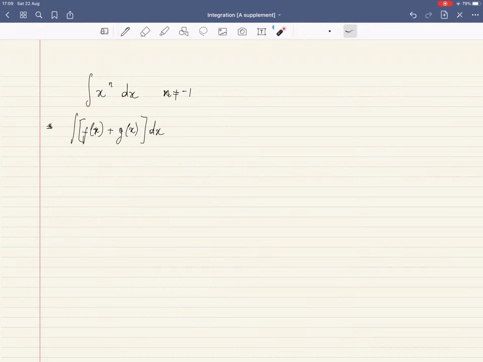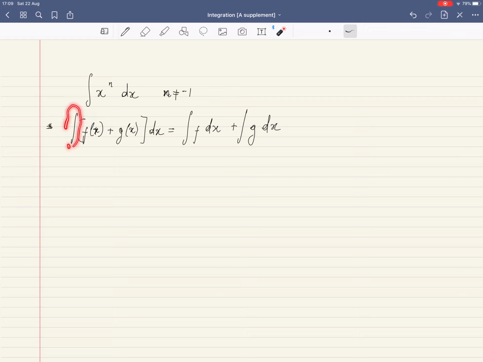So notice here we have the integral of the sum. This can be written as the sum of the integrals. I will omit the x variable in the functions for a second, just for shorthand. So notice what this tells us is that the integral of the sum is nothing more than the sum of the integrals.